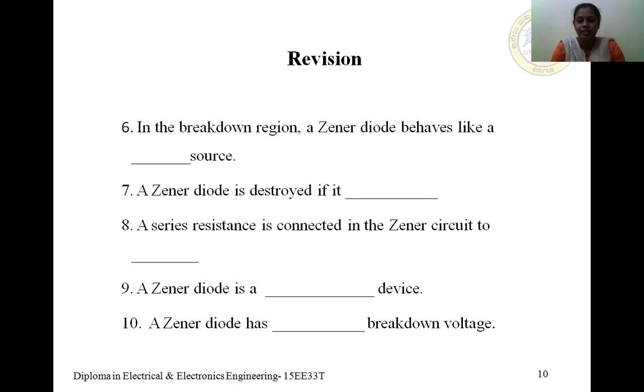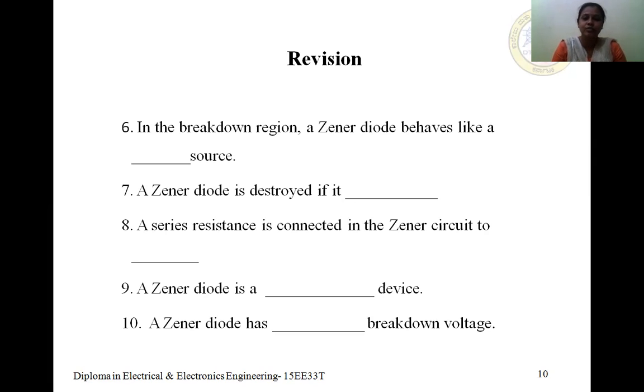In reverse biased condition, the current is large, that is, there is a sudden increase in the current. With this increase in the current, the Zener diode is not destroyed. It is destroyed when the current exceeds the rated value specified by the manufacturer. So the answer for the seventh question is current more than the rated value.